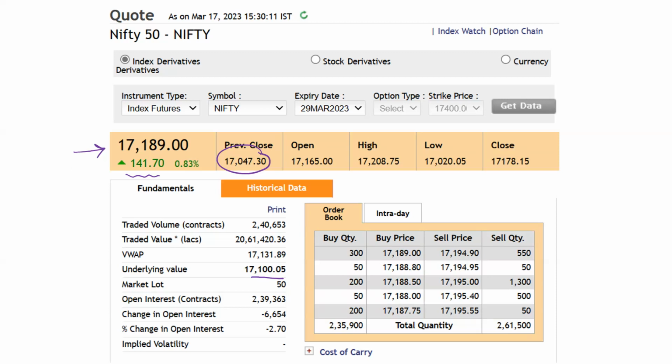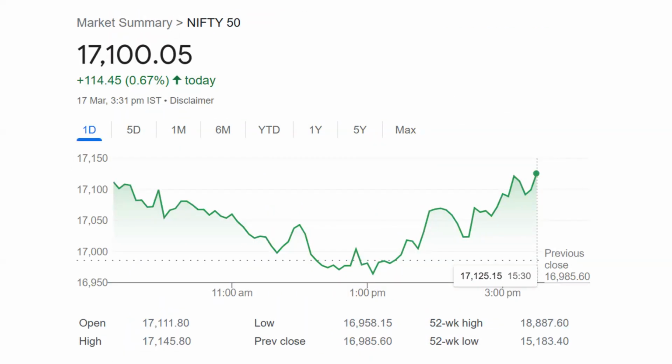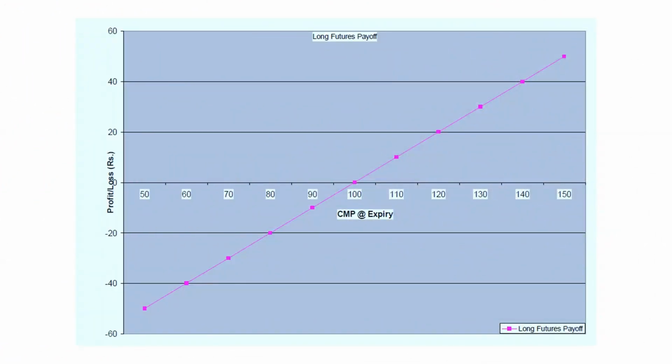Let's check the spot market. So 3:30 p.m. the spot market closing price is 17,100.05 and compared to the previous day's close of 16,985.60, today the market is up by 114.45 points.